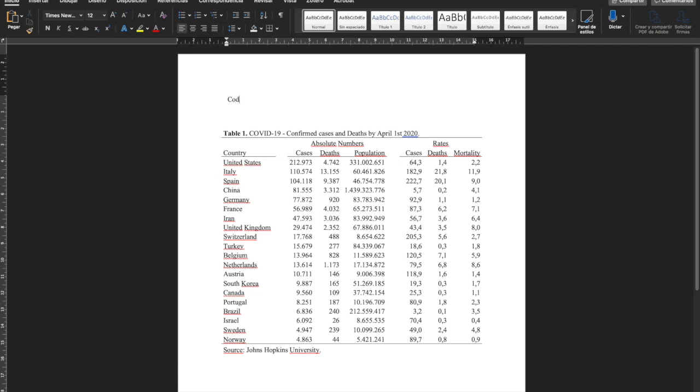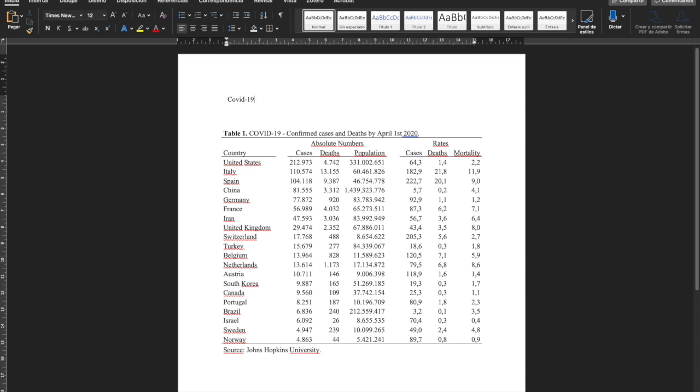So COVID is now COVID-19. The effect of... better.